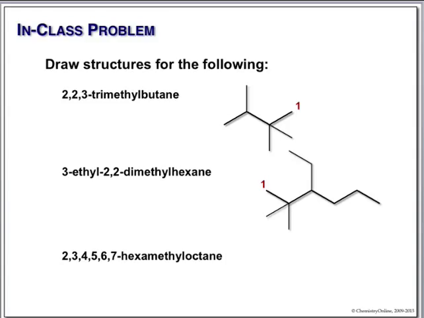Finally, down here we have octane, so that's 8 carbons in a row. And my goodness, we have methyl groups here at carbons 2, 3, 4, 5, 6, and 7. That's darn near all of them, isn't it? And it would look like that.